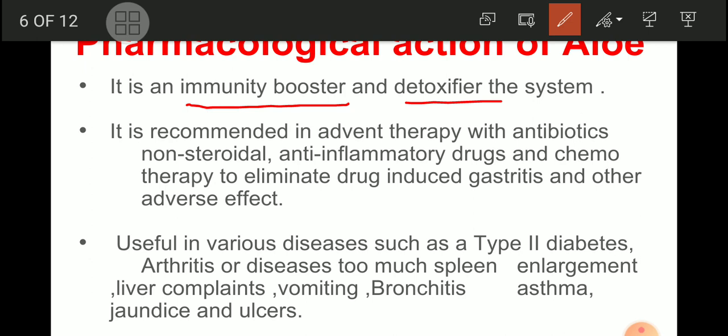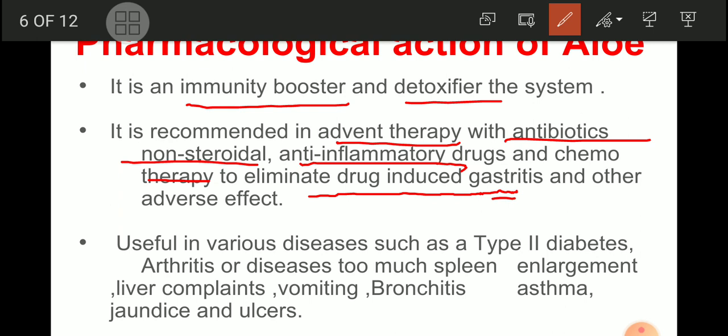Again, it is recommended as adjunct therapy with antibiotics, non-steroidal anti-inflammatory drugs, and chemotherapy to eliminate drug-induced gastritis and other adverse side effects. So it acts as a supplementer. It always prevents the side effects of other drugs, so along with other drugs it can also be provided.